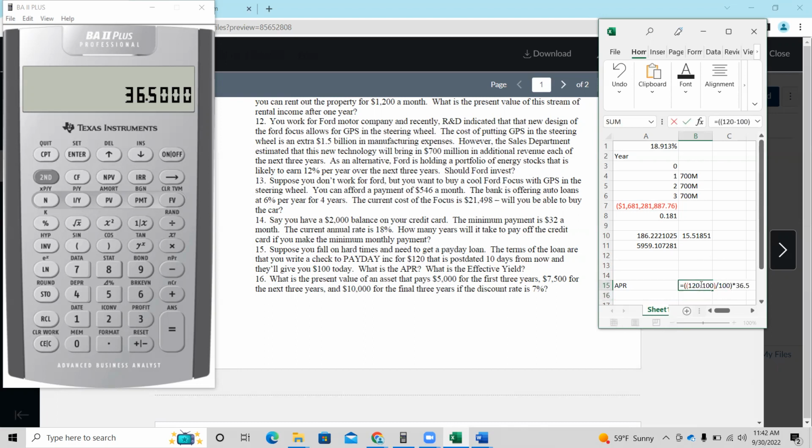I'll remind you that 120 minus 100 divided by 100 is 0.20, so this is in decimals. The APR is going to be in percentage terms, so I have to multiply that by 100. It's 730%.